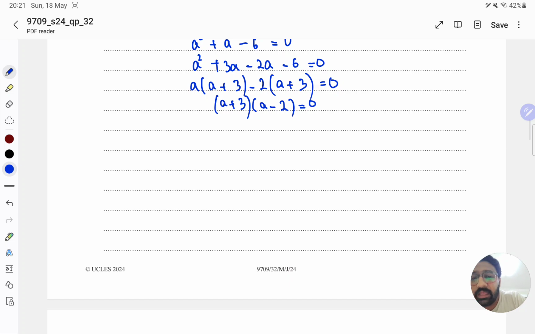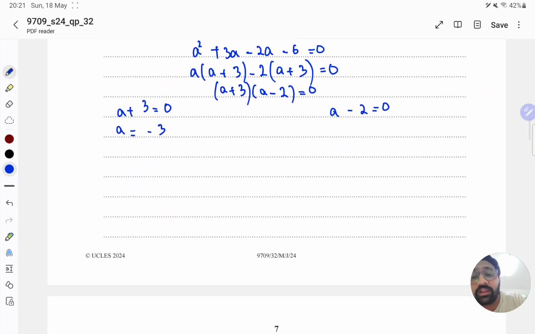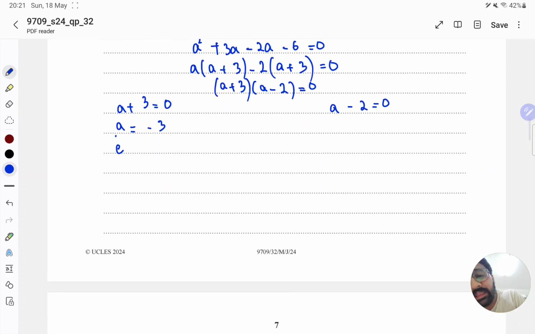I'll put a plus 3 equals 0 and I'll put a minus 2 equals 0. This will give me the value of a as minus 3, which is not possible. Why not possible? Because I know that a is basically e raised to the power of x. So this is not possible for us to solve.